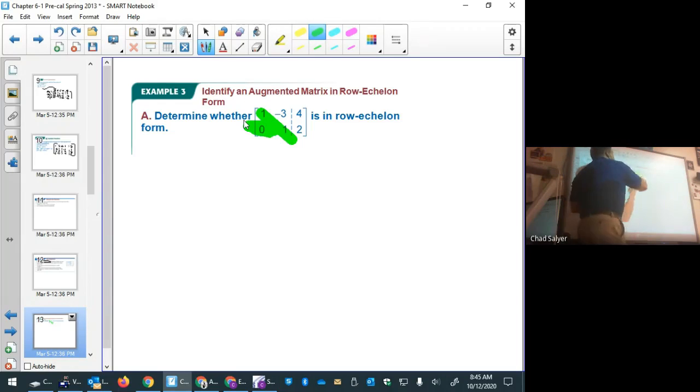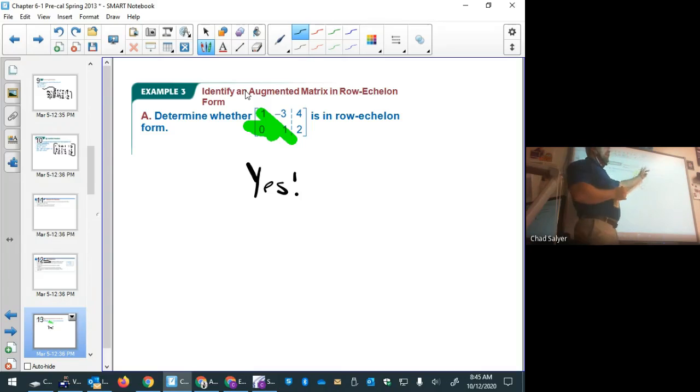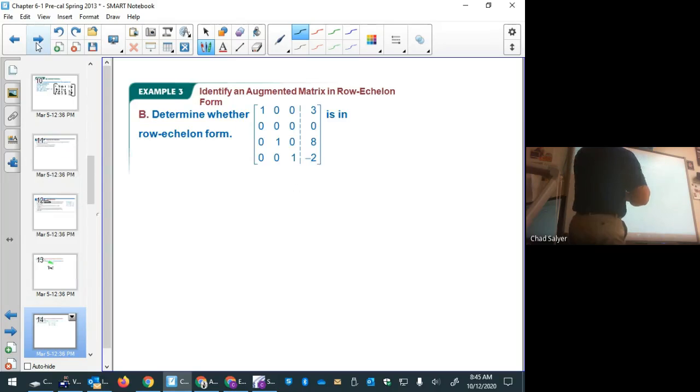Are there zeros below? Then the answer is yes. So even if there's only 1 zero? Yeah. Because it's a 2 by 2, and then we squashed on a 2 by 1 here at the end. But it's a 2 by 2, meaning there'll only be the one element below it. All right, good job.